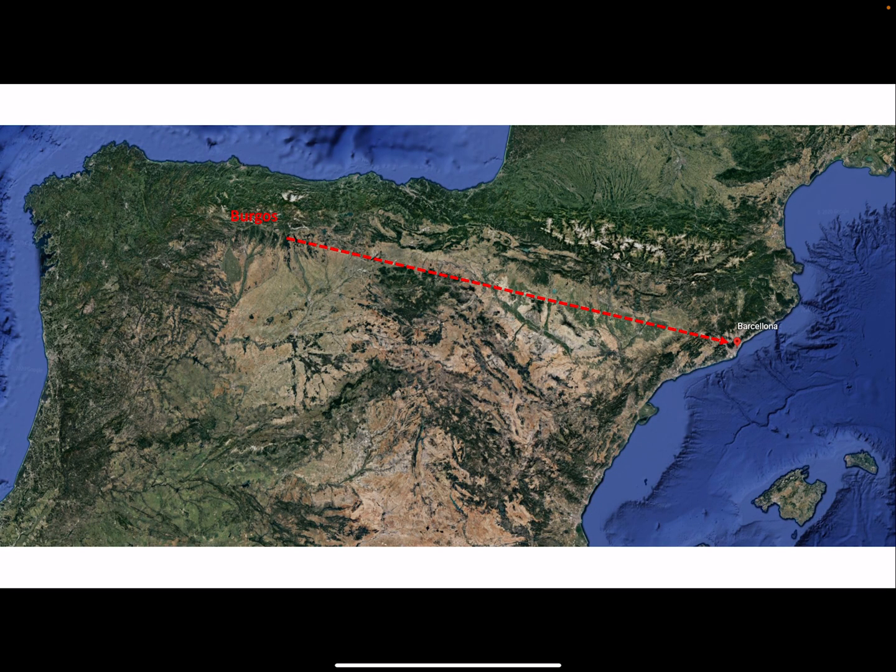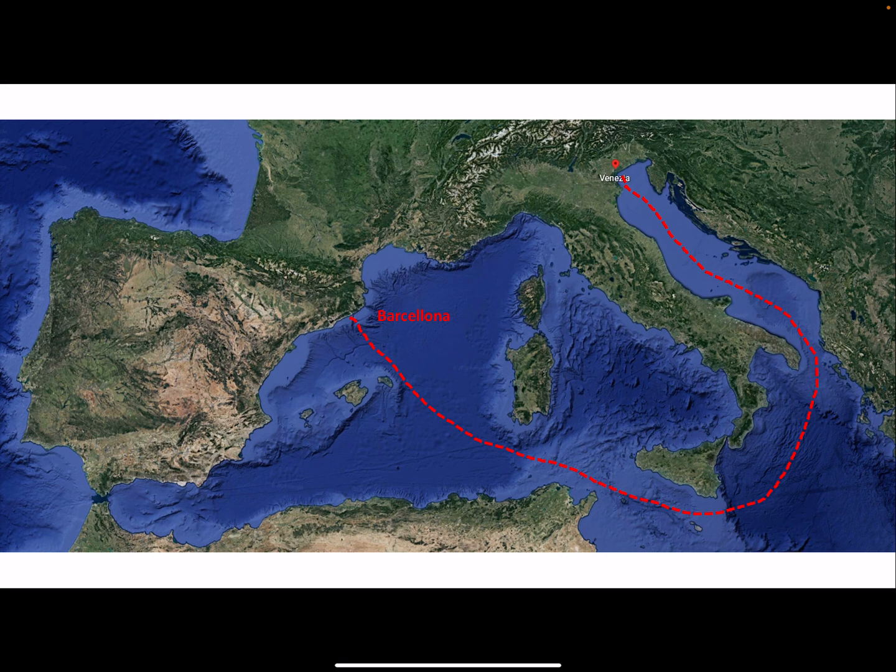From Barcelona they got a ship to Venice, and Diego Colon traveled through the Mediterranean Sea to Venice. So let's try to imagine the crazy adventurous life of this poor guy, from Hispaniola through the ocean to Spain, and from Spain through the Mediterranean Sea to Venice.